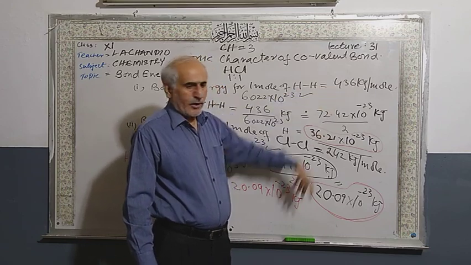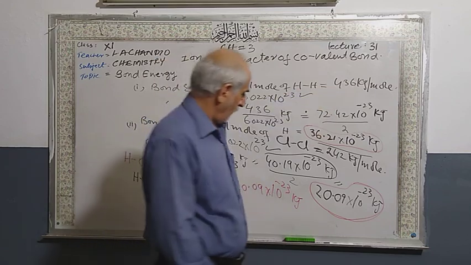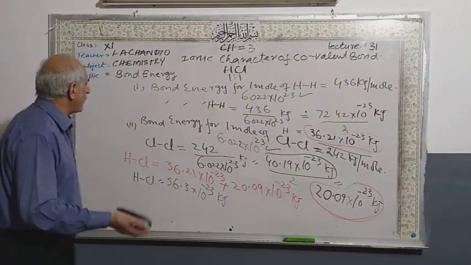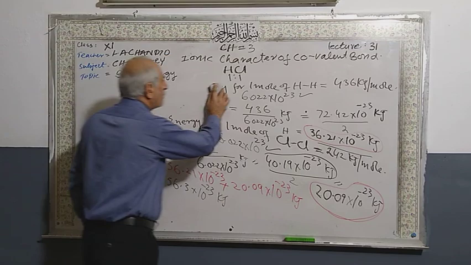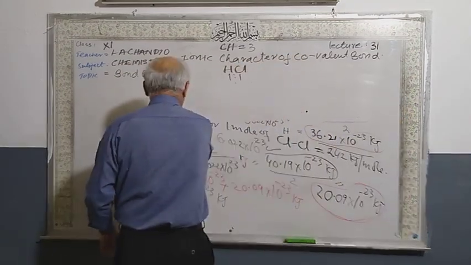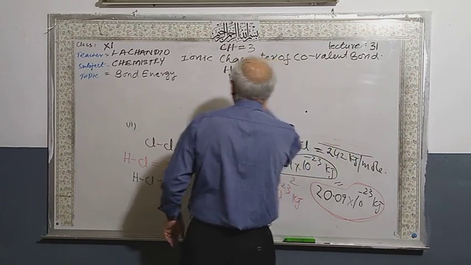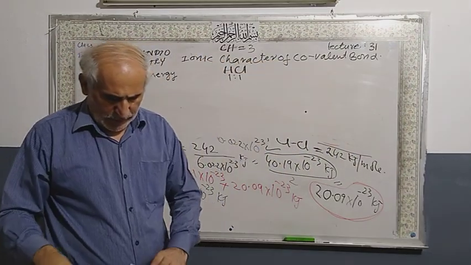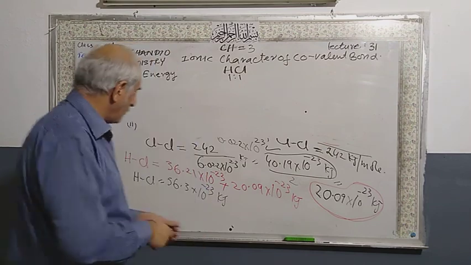So we have to omit the power. This power is going to be omitted. How? Multiply by Avogadro's number. You have to multiply by Avogadro's number.